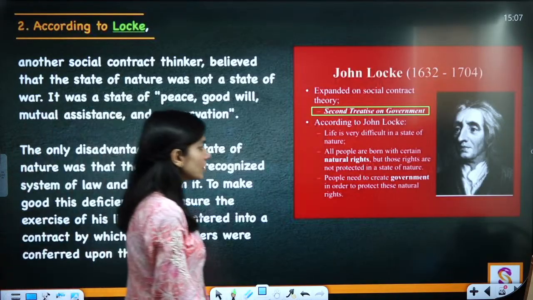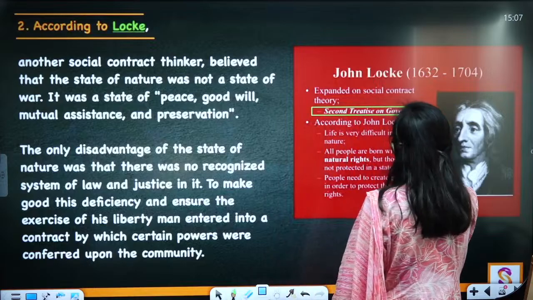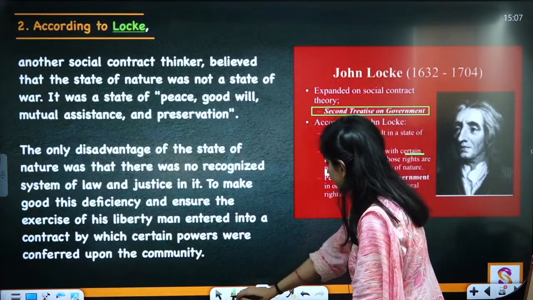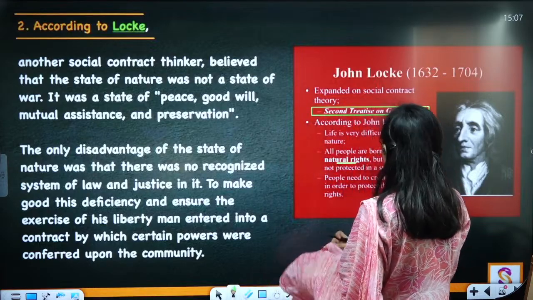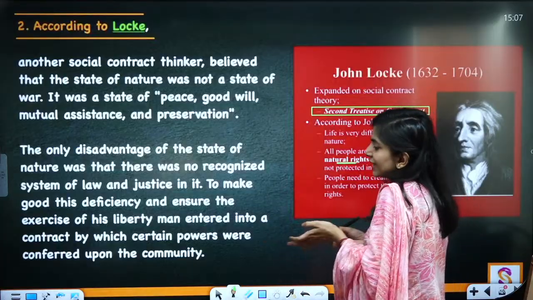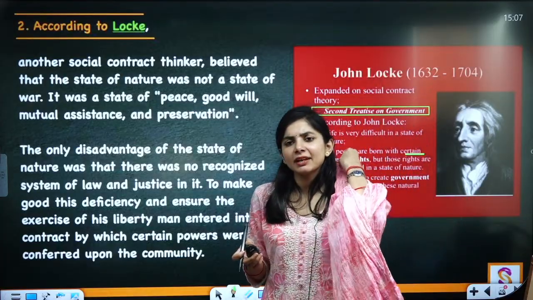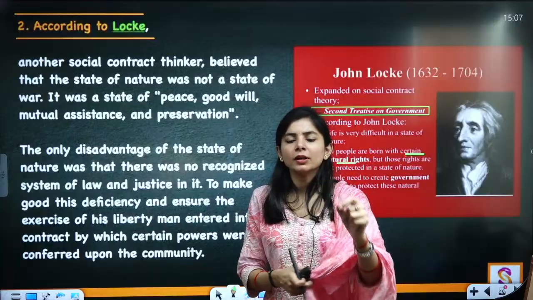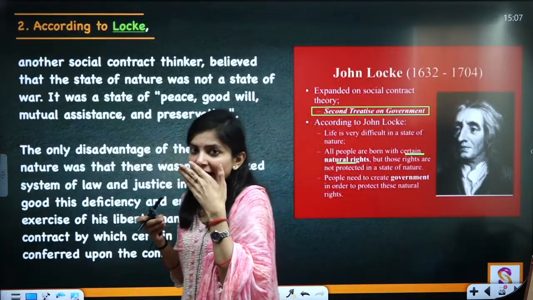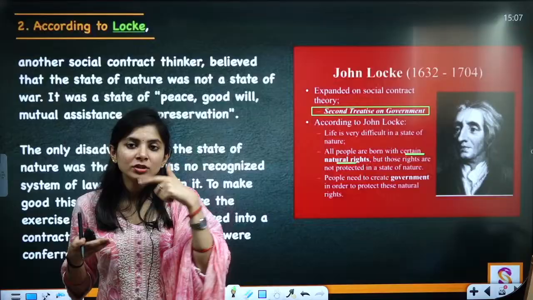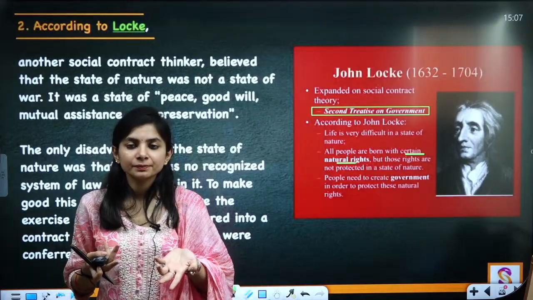Why? Because all the people are born with some certain rights, and these were natural rights. But because these are natural rights, you must have heard this proverb that your privacy will end as soon as my nose begins.